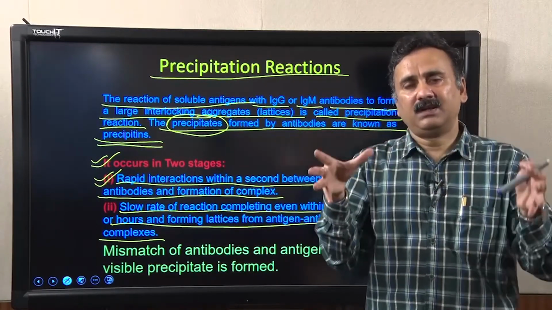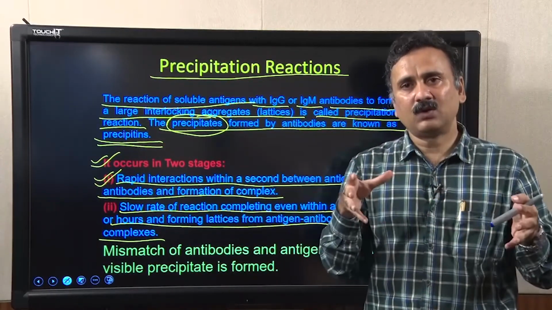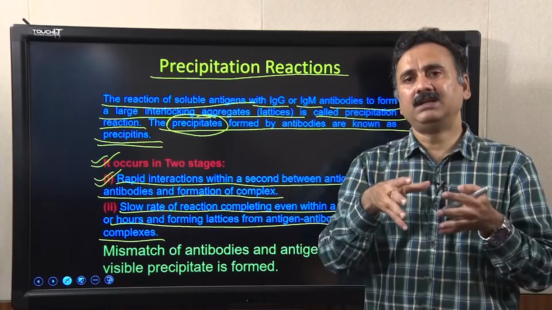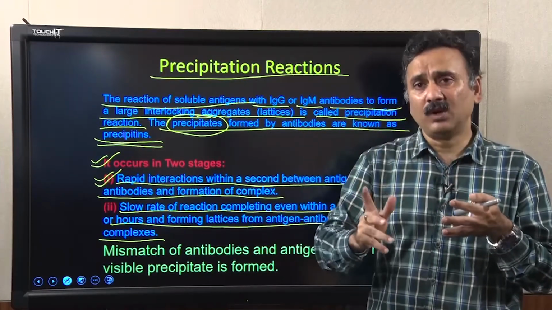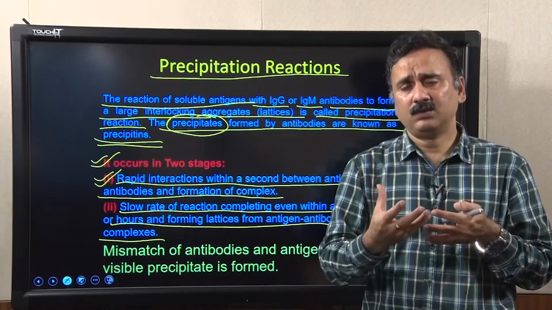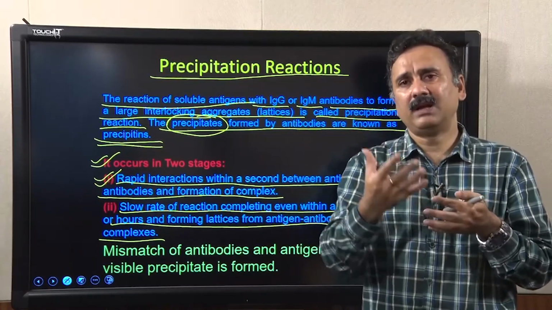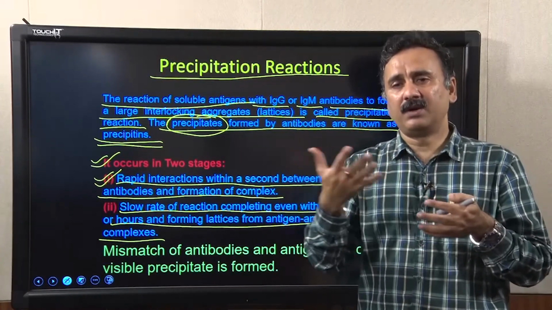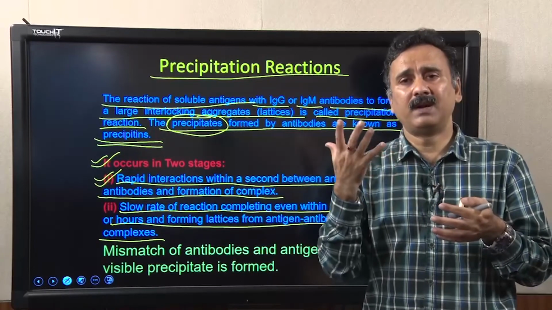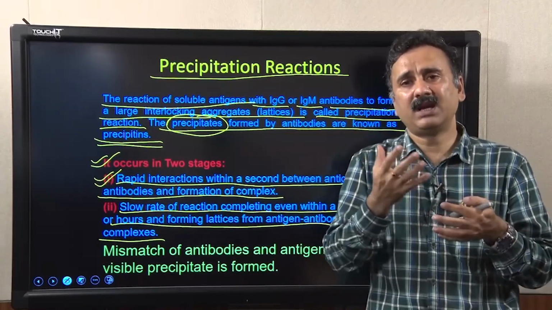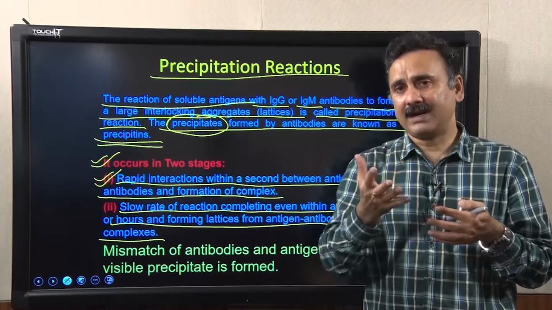These complexes become so heavy that they are no longer soluble in the aqueous media, and form particulate matter which can be visible with the naked eye.